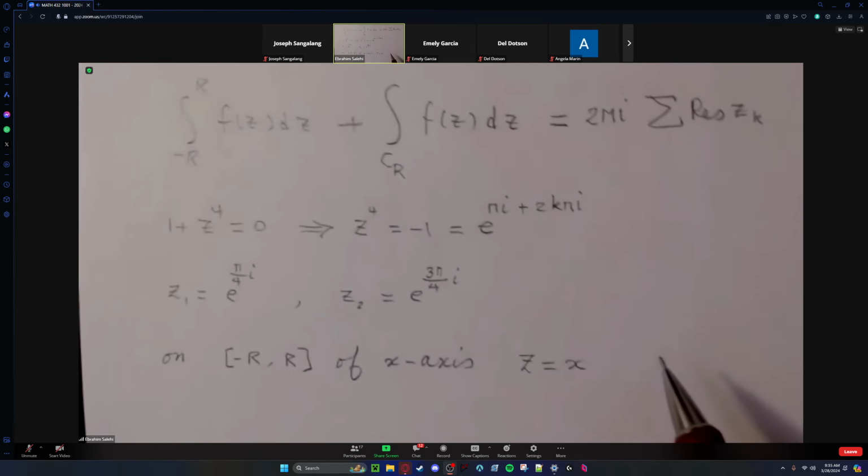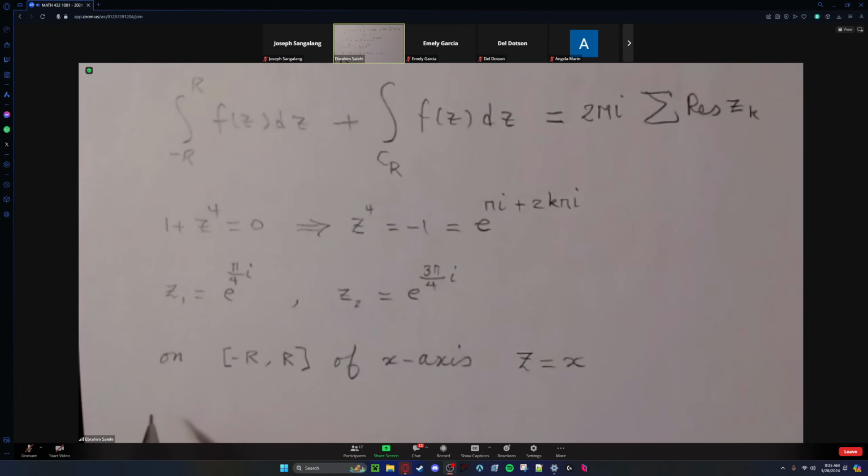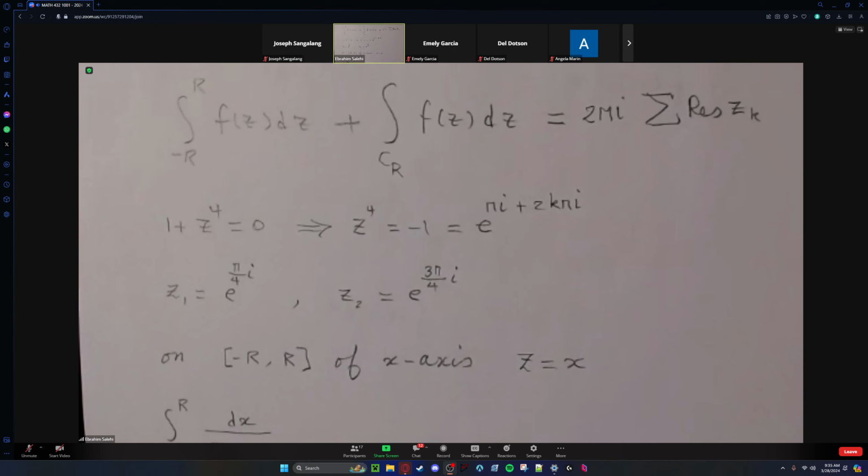So the first integral, this one, becomes negative r to r f of x dx. And f of x dx is that dx over 1 plus x to the 4.